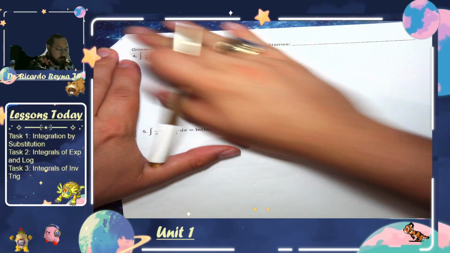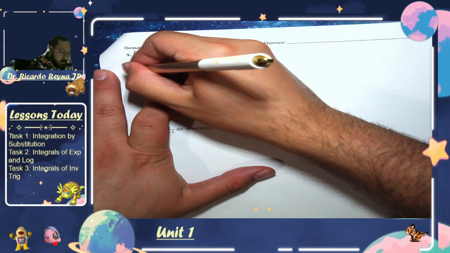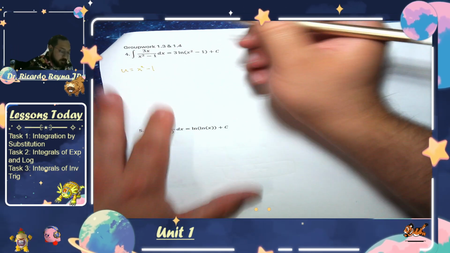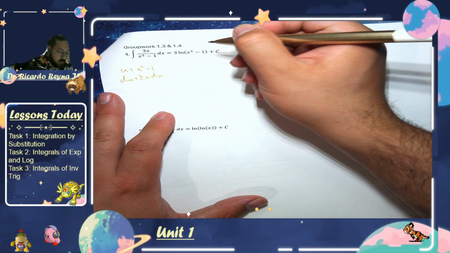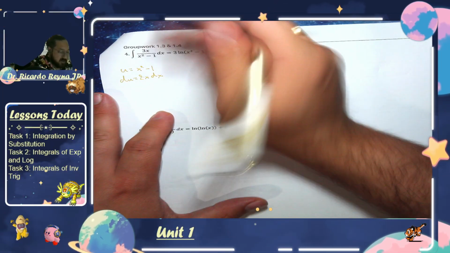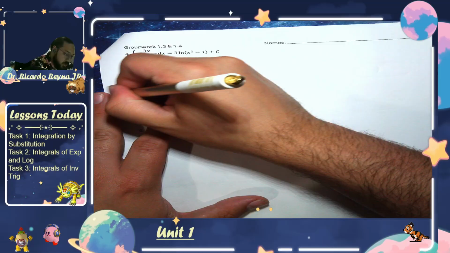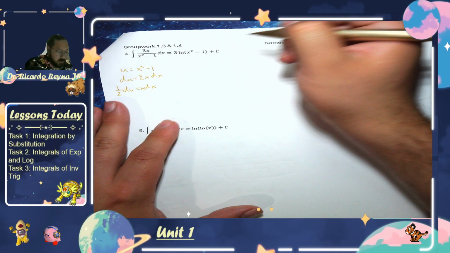Over here, that derivative does appear: u equals x squared minus 1, du equals 2x dx. The 2 doesn't appear, so we can't take it out. We could, but it could just be easier if I do this, like what we've been doing in the lecture.